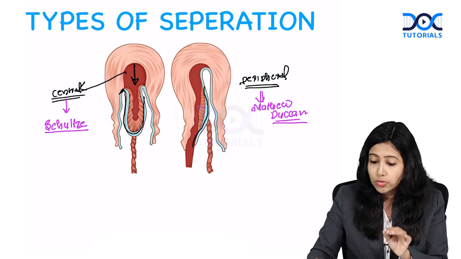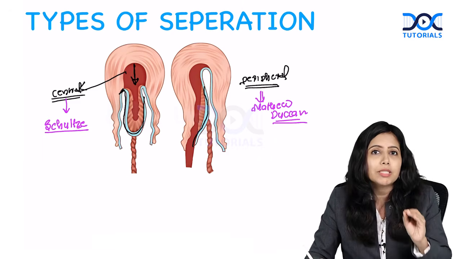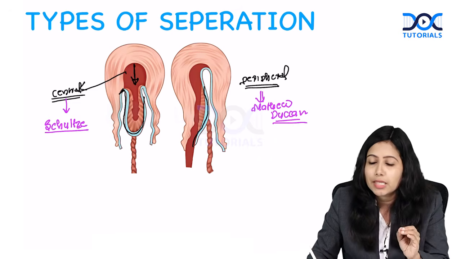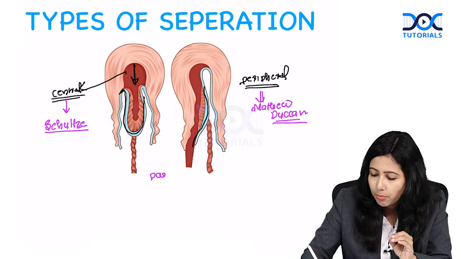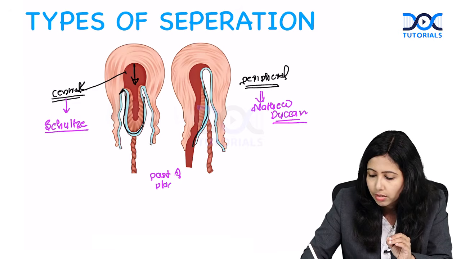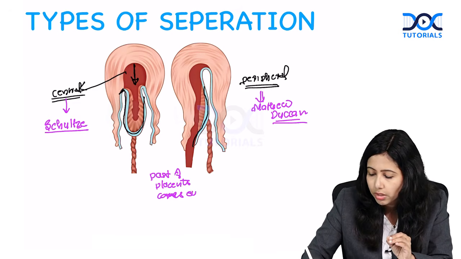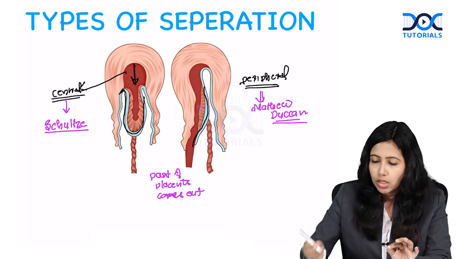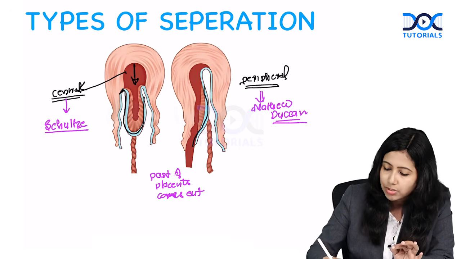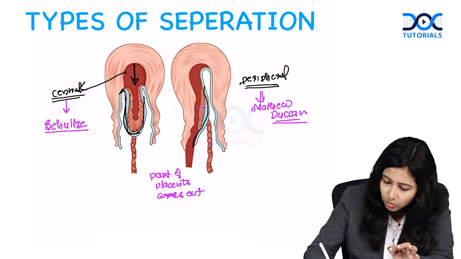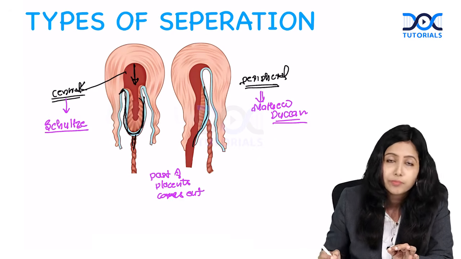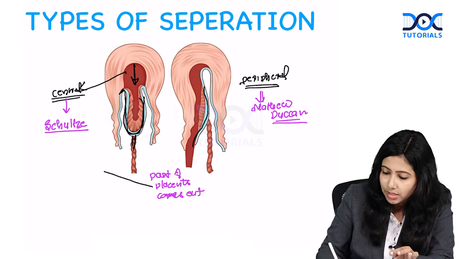So, while you see the part of the placenta that comes out in each of these. So, if you see the central separation, you can see that this part is coming out with the cord. This is the fetal surface.